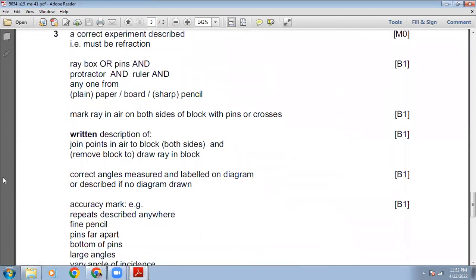A correct experiment described: that must be refraction, ray box or pins, and protractor and ruler, and any one from plain paper, board, sharp pencils. Mark rays in air on both sides of the block with pins or crosses. Written description of joining the points in air to the block on both sides, and removing the block to draw the ray in the block.